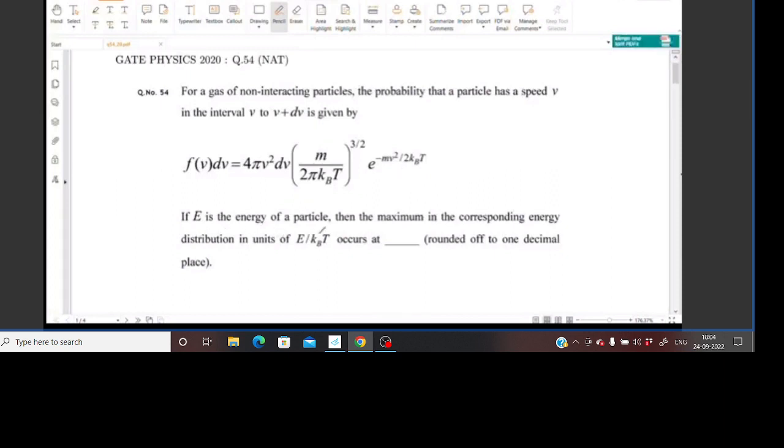If E is the energy of a particle, then we need to find the value of E by kBT at which the maximum in the corresponding energy distribution occurs.